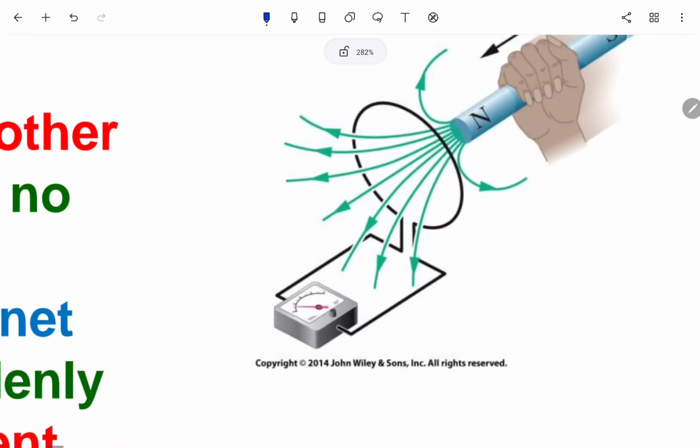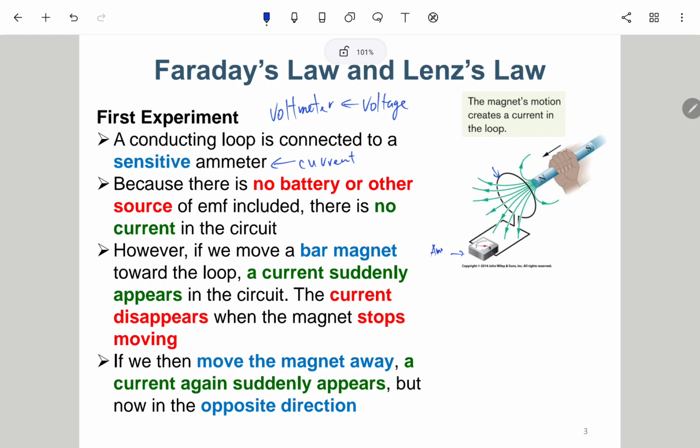So here you can see this is the loop, connected to the ammeter. Because there is no battery or other source of EMF. EMF you can first consider as a battery or a voltage source.